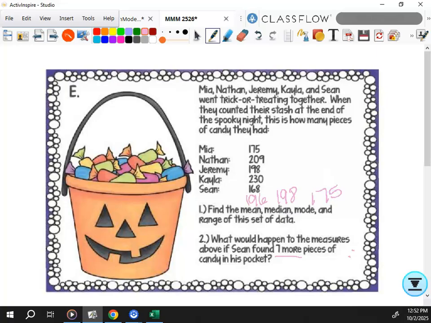And then the range is, oh no, that was none, I'm sorry. And the range is 62. If Sean finds 7 more, that changes this to 175, which means I then have a mode of 175. It's also going to skew the other 2 numbers a little bit differently. It'll make your mean go a little bit higher.